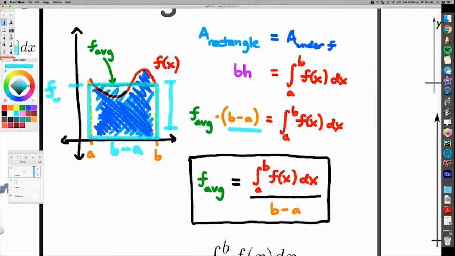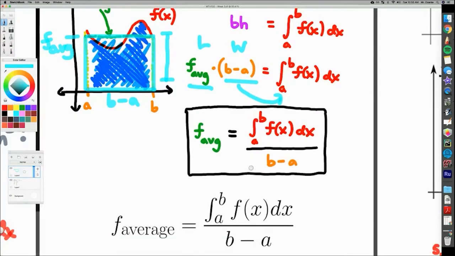So the length times the width is the area of this part right here. If we want that to be equal to the area underneath the red, you just do the integral from a to b of that red function. But we only want the average value, so I'm going to divide by b minus a and you get the equation right here. That's essentially how that works.